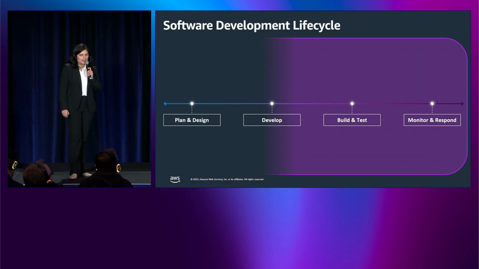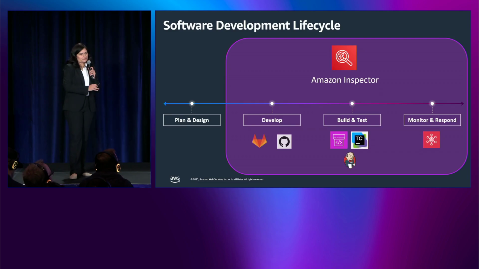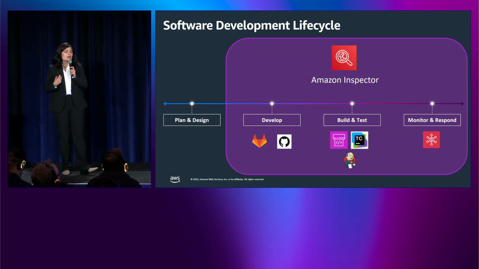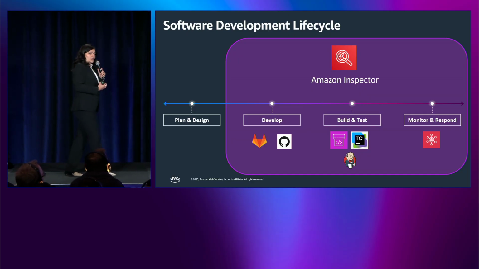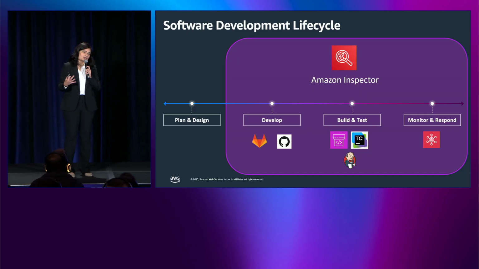And that's the reason why we further shifted left in the development cycle to catch vulnerabilities, not only in your third-party dependencies of open source packages the developers are using or pulling, but also your first-party code, which is like your proprietary code that you're running.